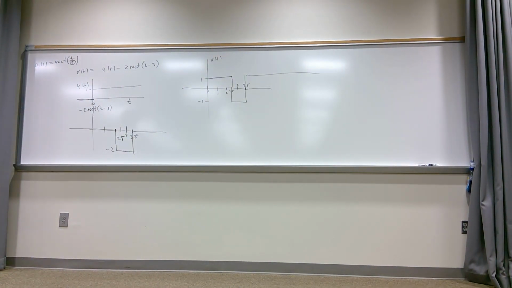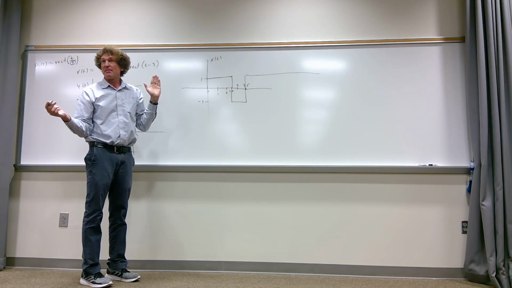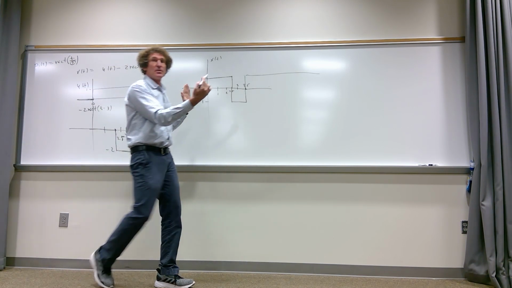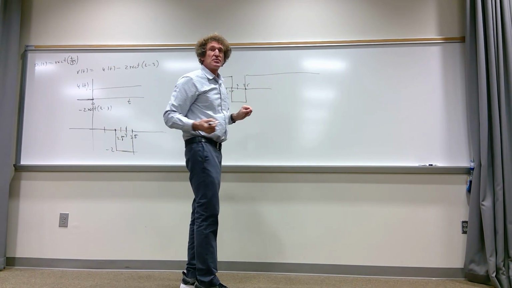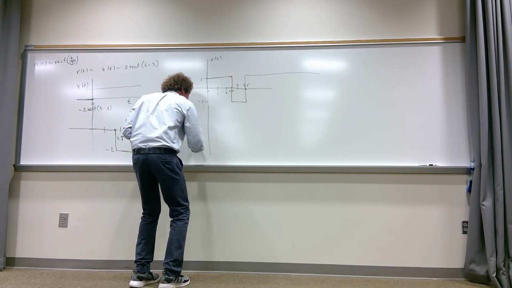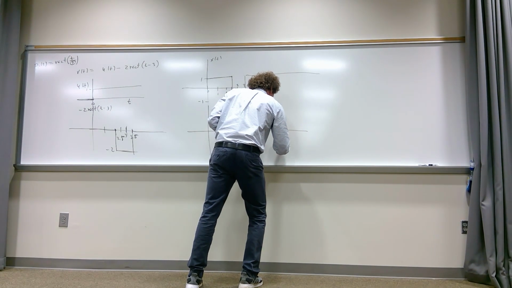Now, the next thing I asked you to plot was x of t minus 2. What is that going to do? This is a simple shift. x of t minus 2 shifts everything over 2 spots, right? So now you can take this whole thing. I wish I was a better artist.